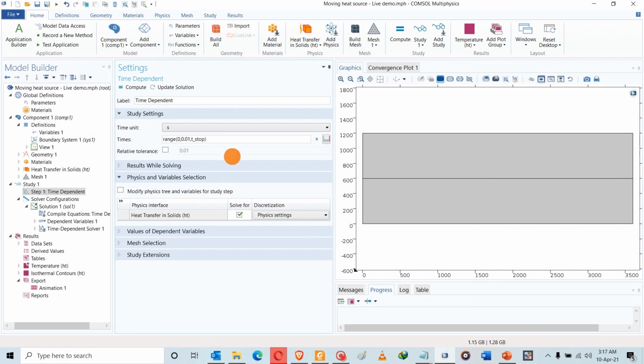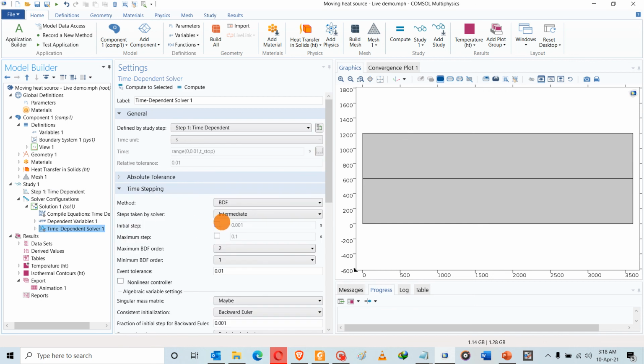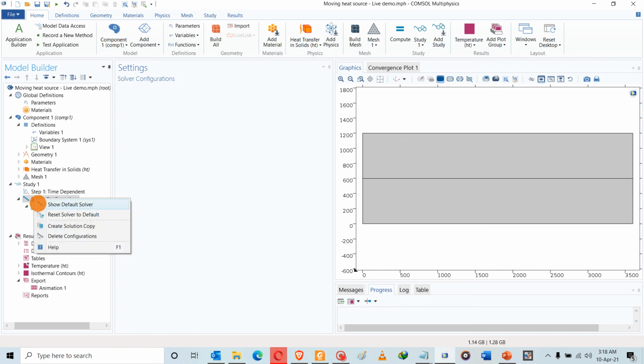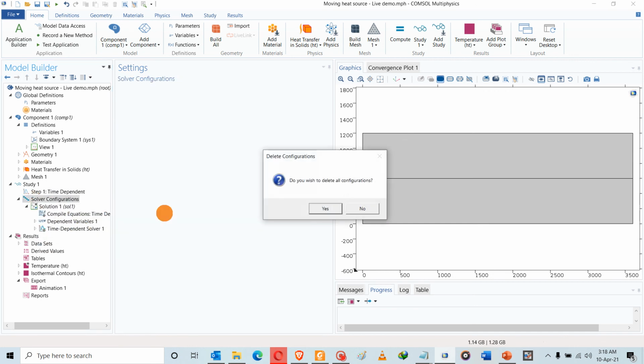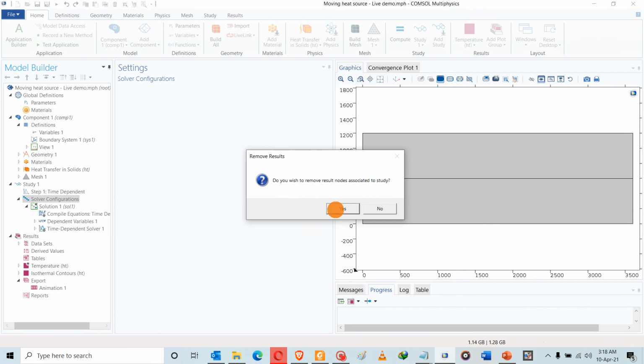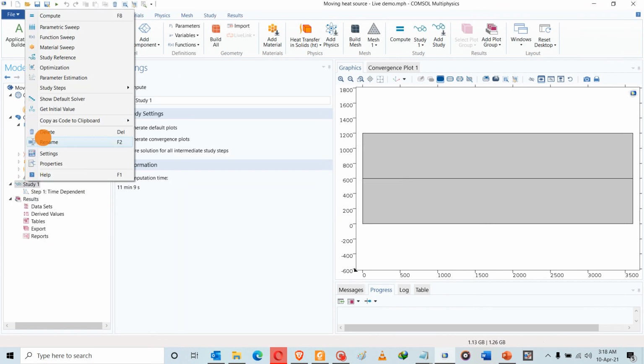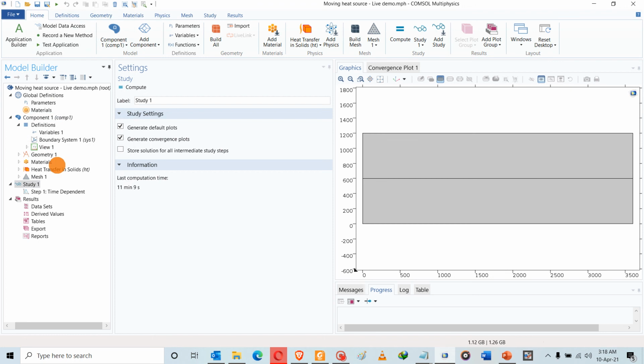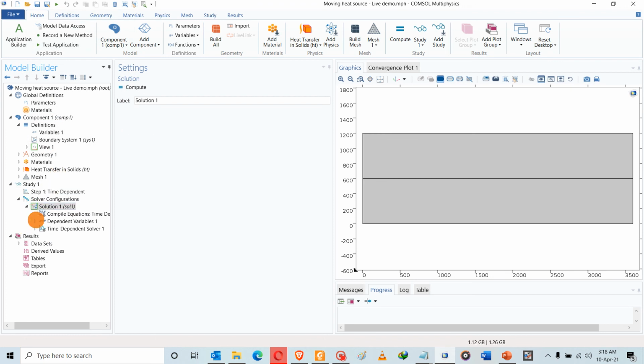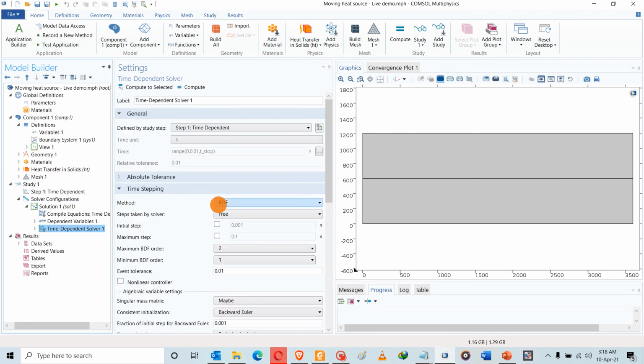It's the time step. And then here, I'm not going to change that, but I'm going to delete it on purpose and reinsert it. This is to get rid of the previous computation data that stands in the way of the new data coming in with the new computation.